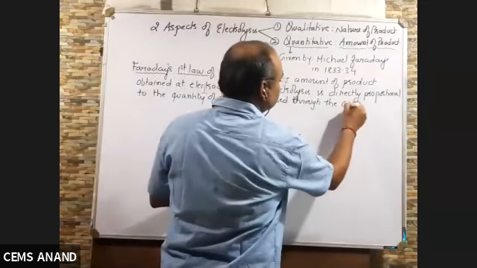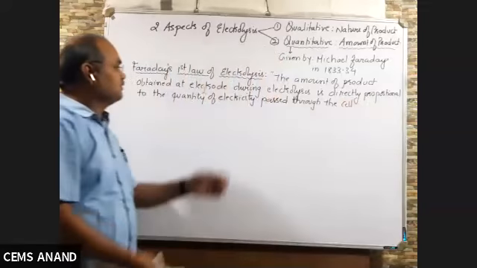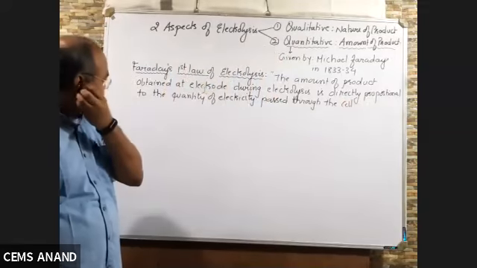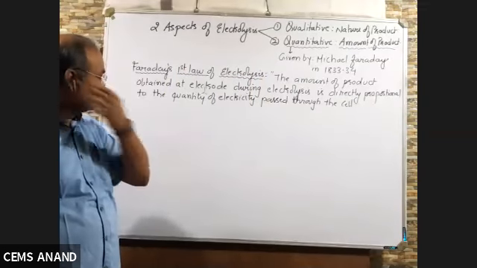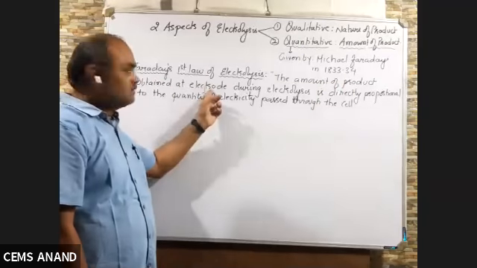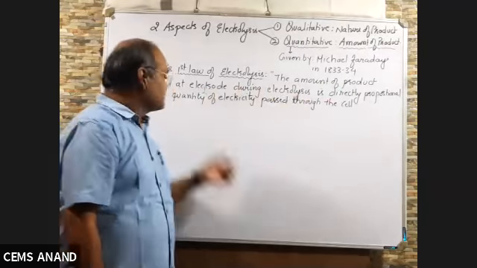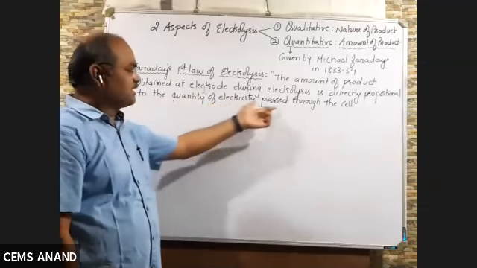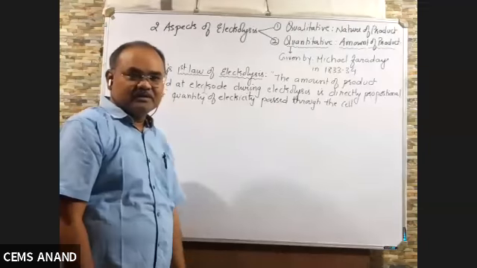I will write cell. So this is your first law, the first law of electrolysis given by Faraday. The amount of product obtained at the electrode during electrolysis is directly proportional to the quantity of electricity passed through the cell.